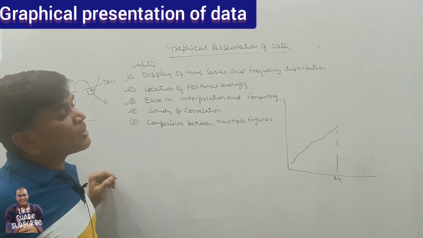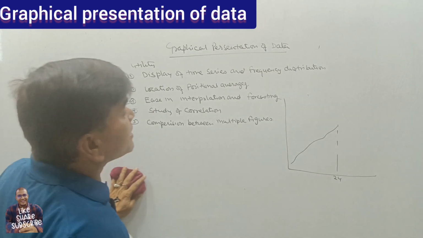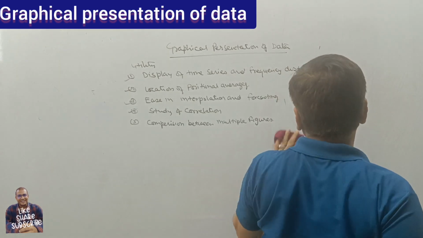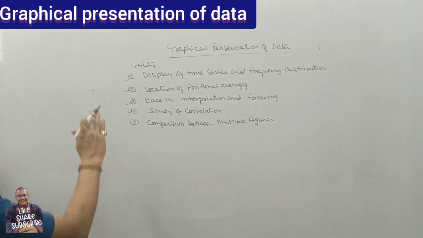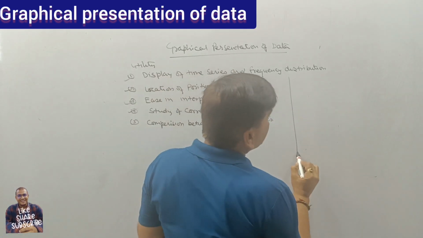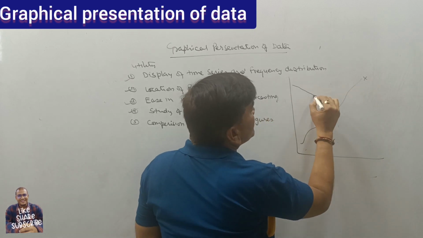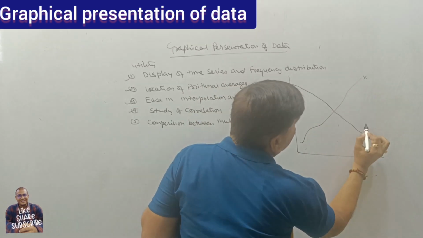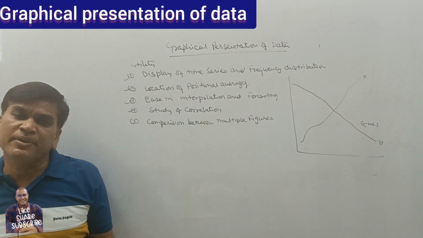So in the study of correlation also, we have a method of correlation that is called the scatter diagram method. There may be a linear method. Suppose our X series has this form, and the Y series is continuously decreasing; we will say it's a negative correlation. So correlation can also be found with the graph paper.